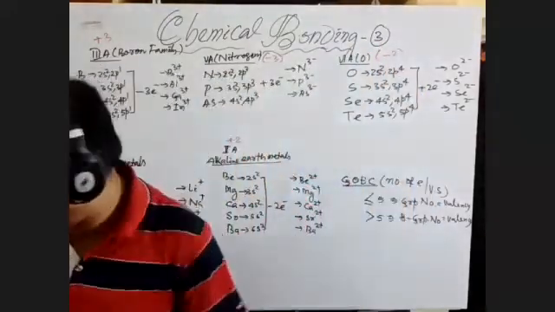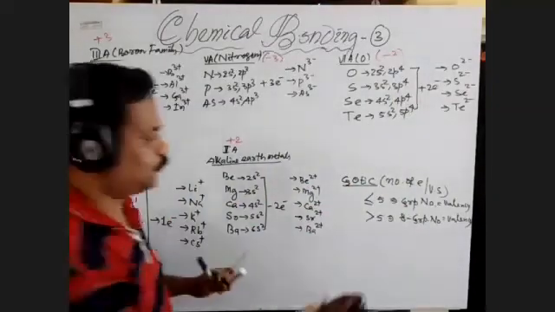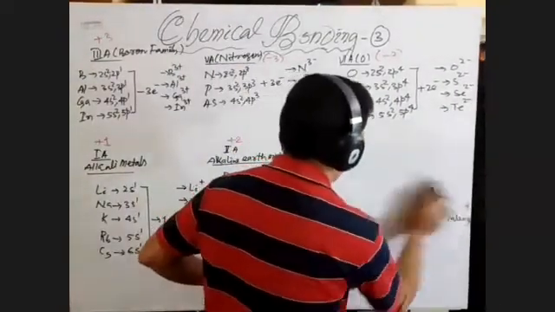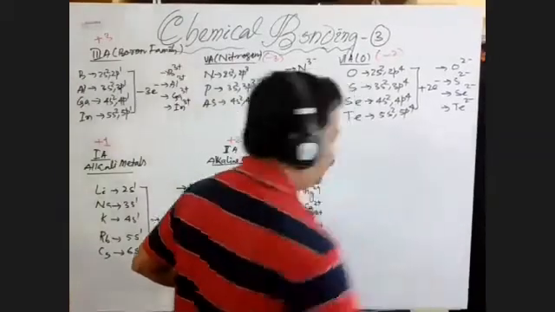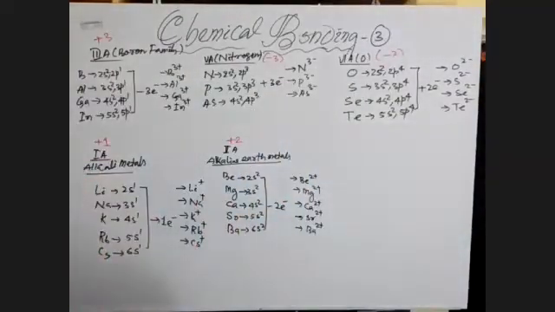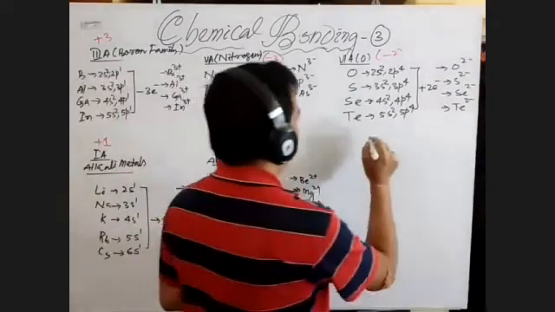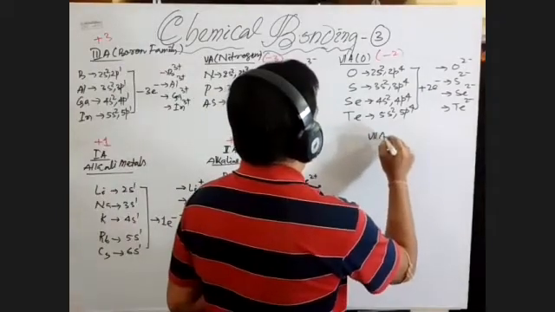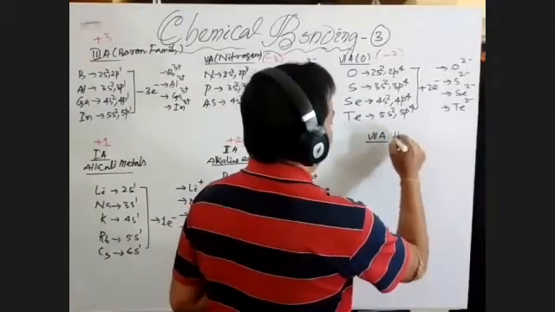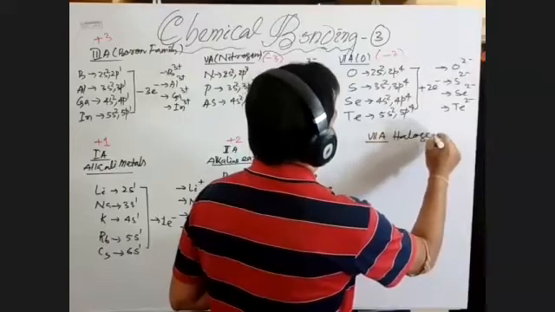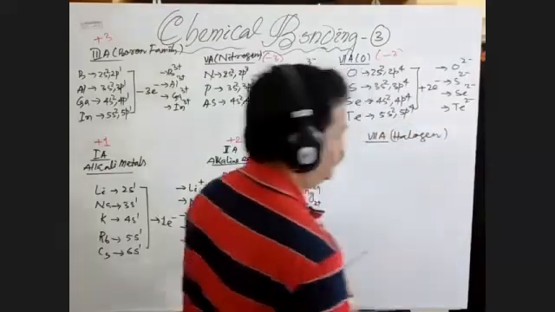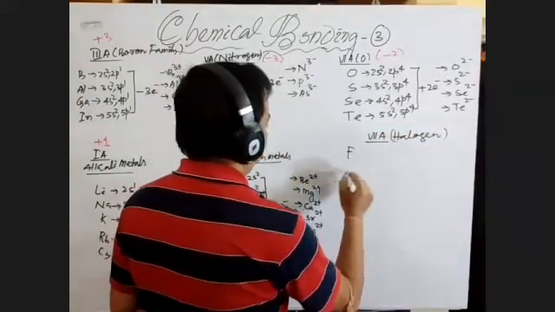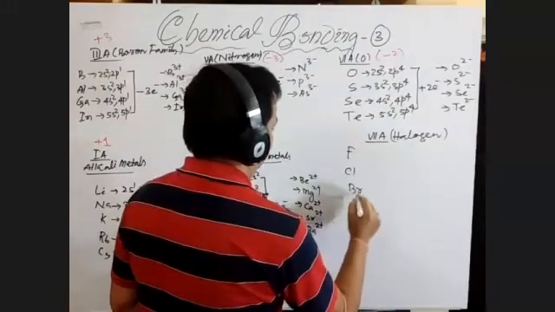Similarly, the next group is called the 7th A group, the halogen family. The elements are fluorine, chlorine, bromine, and iodine.